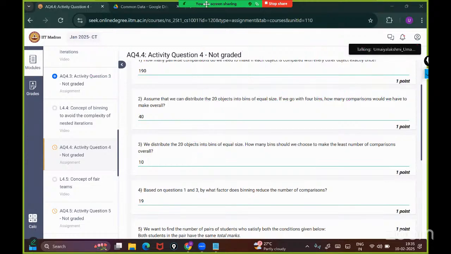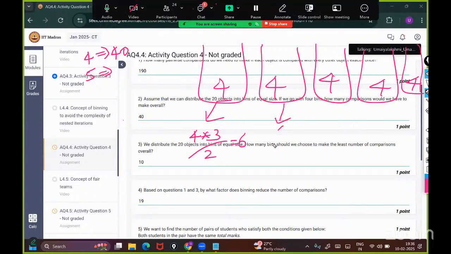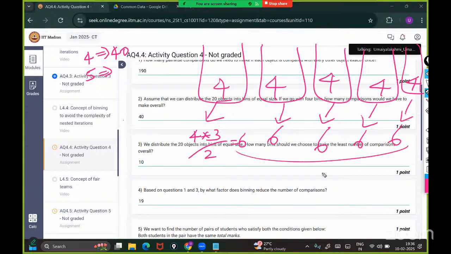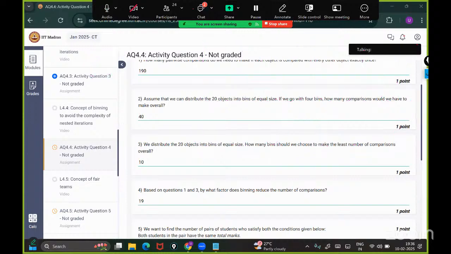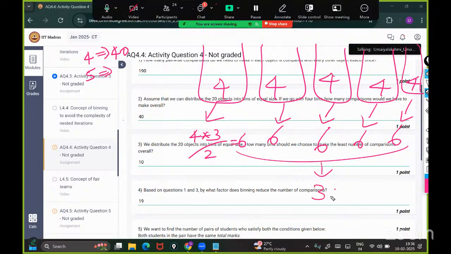Exactly. One bin has 6 comparisons, and so do the other bins. In total, how many comparisons? So 30 comparisons are made. So for 5 bins, I am getting 30 comparisons.